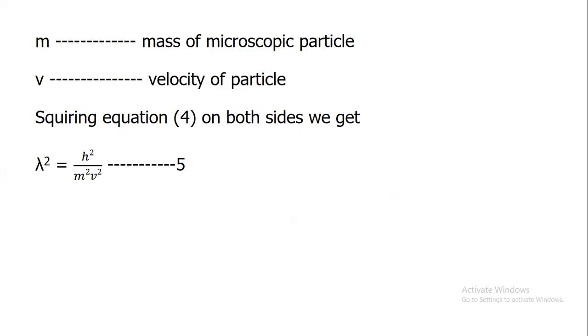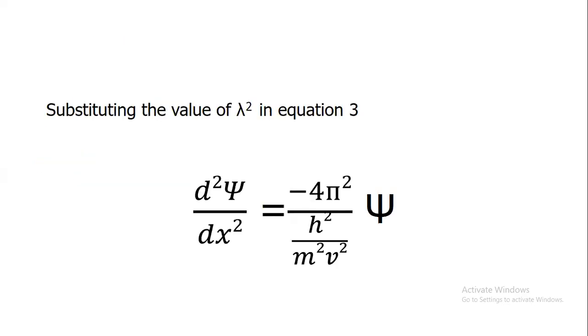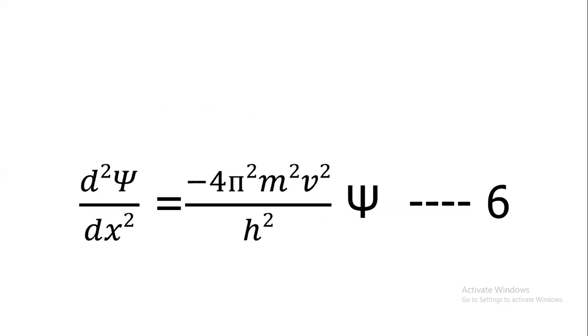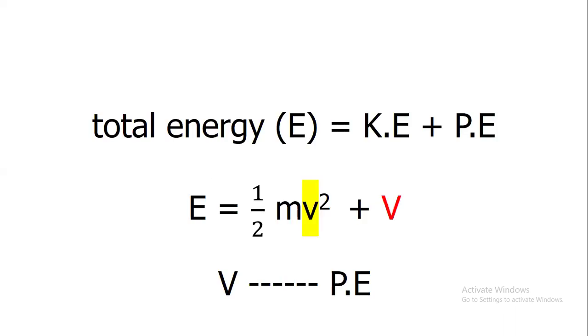Squaring on both sides, we get λ² = h²/m²v². Substituting the value of λ² in equation 3, d²ψ/dx² = −4π²m²v²/h² ψ, equation 6.